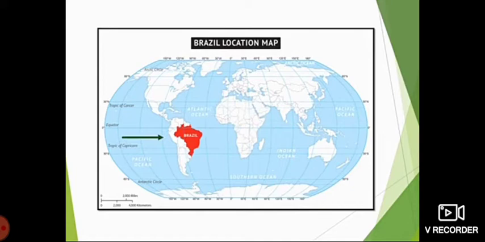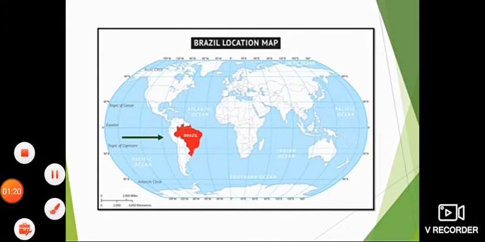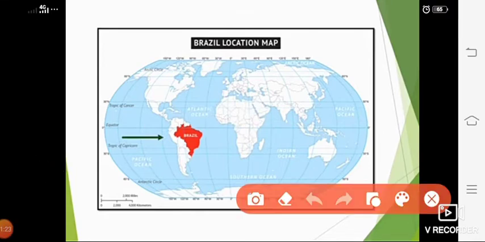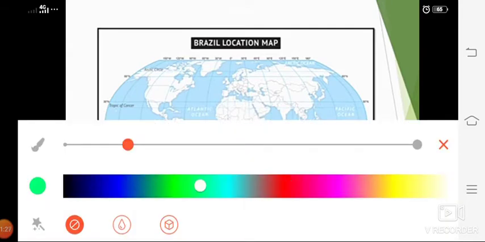So on the screen I have shown you the location of Brazil on the world map. If you see, the red colored area is Brazil. Now here is our equator, isn't it? 0 degree is our equator.